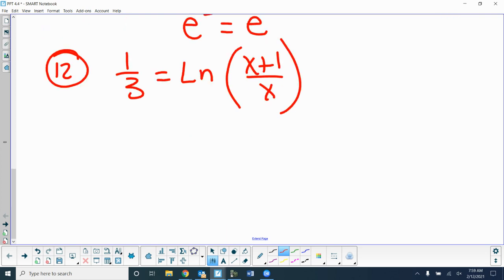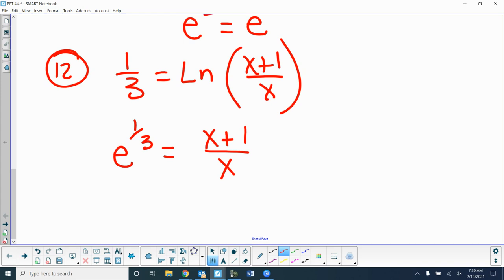So again, this base is what? Since it's ln, e. So e to the 1/3 equals the number, which is that. So that's our exponential. So whatever the base is goes to that exponent equals whatever that number was when you rewrite it exponentially.